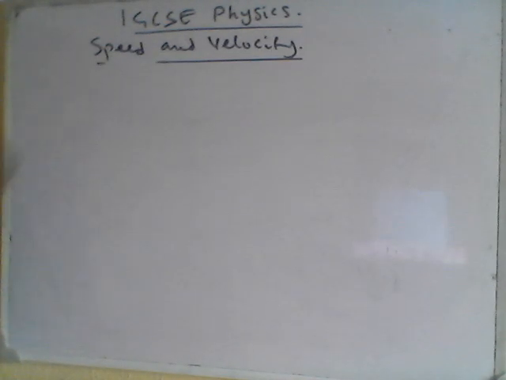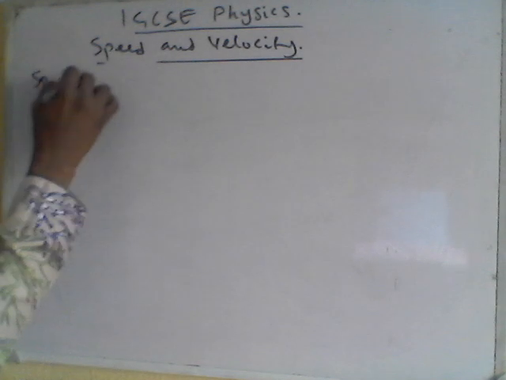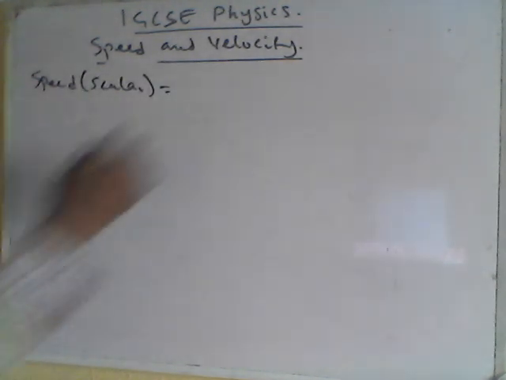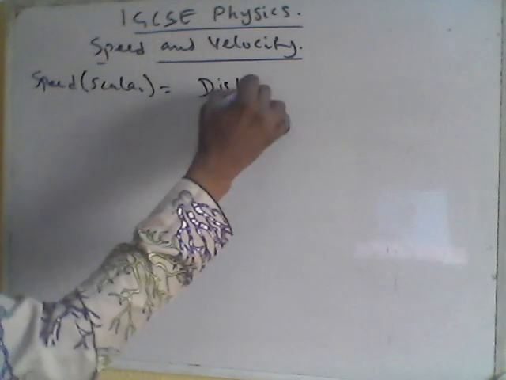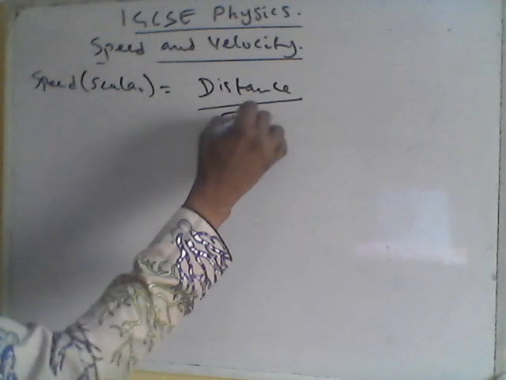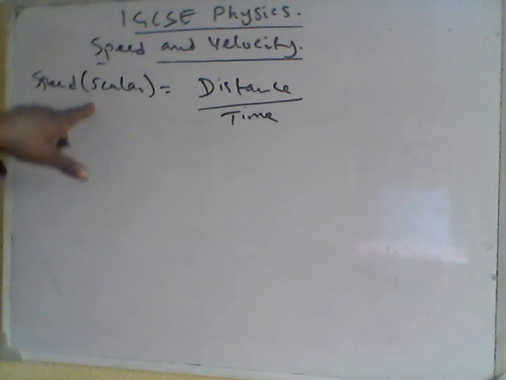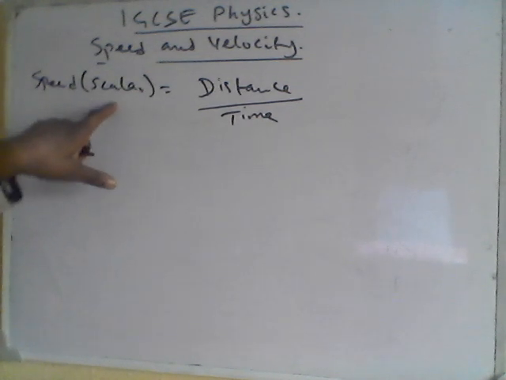So speed, scalar, is distance over time. Formula: distance over time. So this is how fast something moves, regardless of the direction.